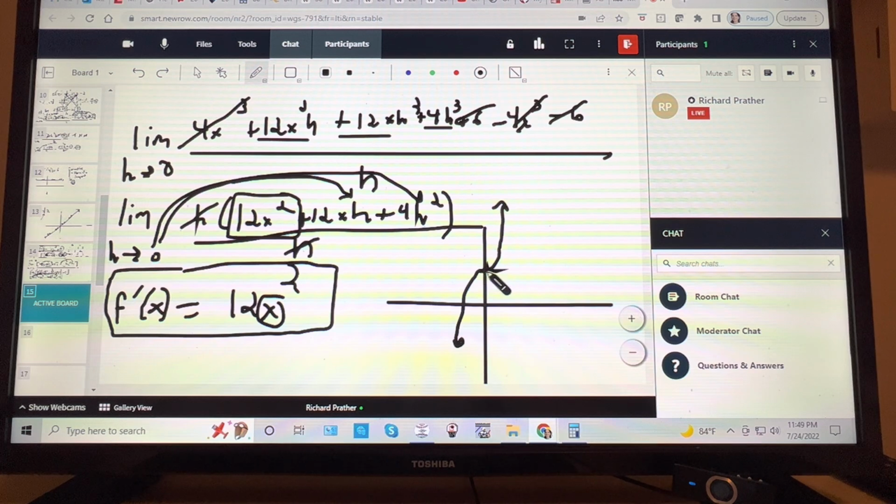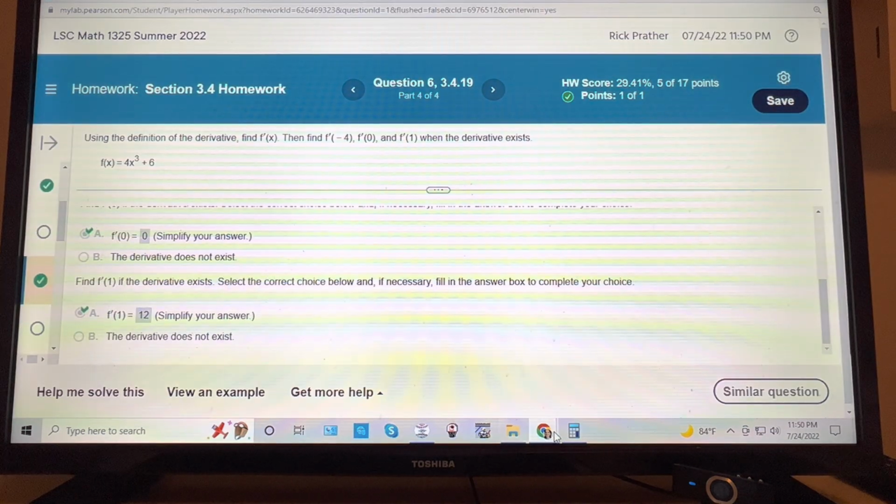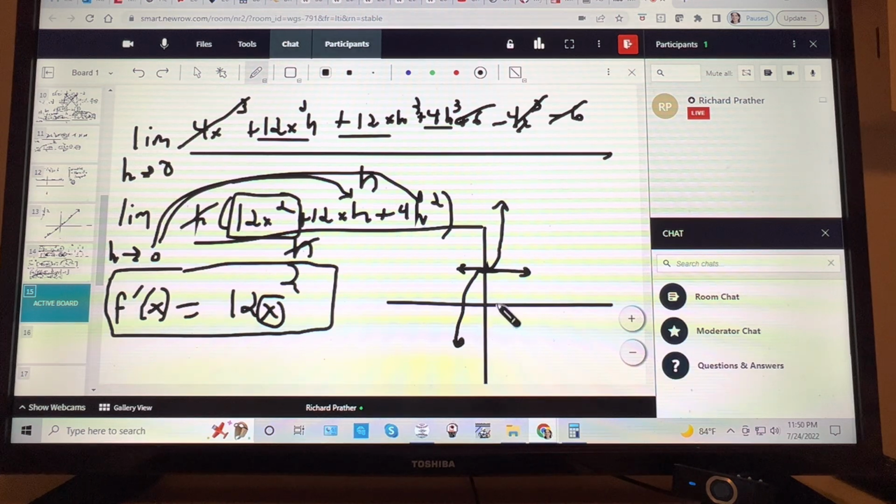The graph is just flat at this point. So the tangent line would be flat right there. That's why f prime of 0 is 0. F prime of 1 had an answer of 12. So what that's saying is if x was 1 and you put a tangent line right there, it would have a slope of 12.